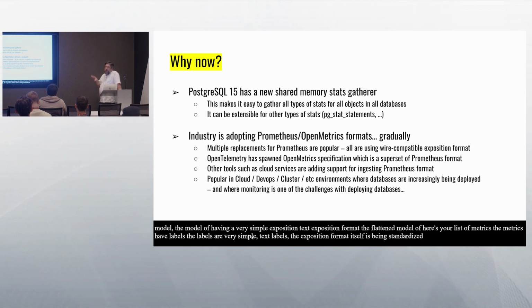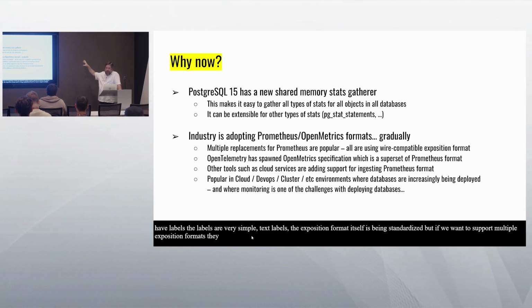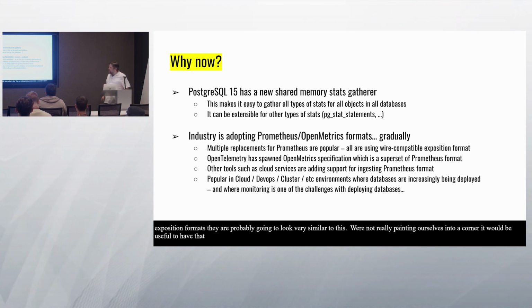So it would be reasonable in the Postgres world to support something called OpenMetrics. It sounds very open. But also with the code, we're not really painting ourselves into a corner. It'll be useful to have that code, even if we later have to add new exposition formats, if they're following the same model, we'll still have a path forward.